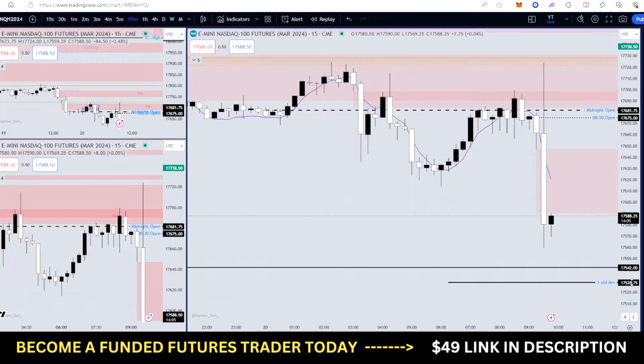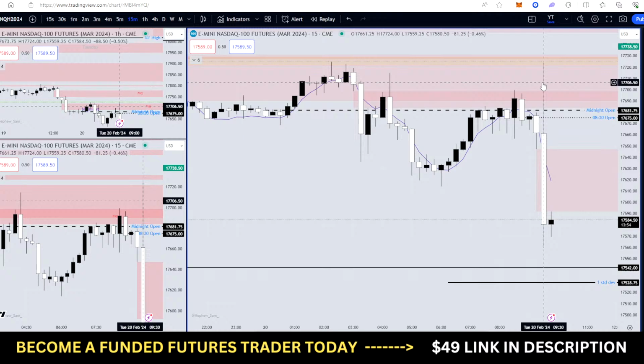Okay, we had our opening frame on the 15-minute. This is the candle here. Quite a range there. Looks like we had a high of 724 and a low of 559, so 160 points or so.